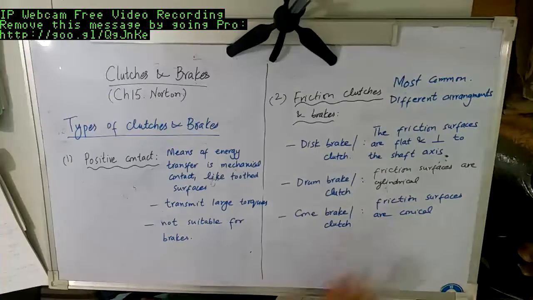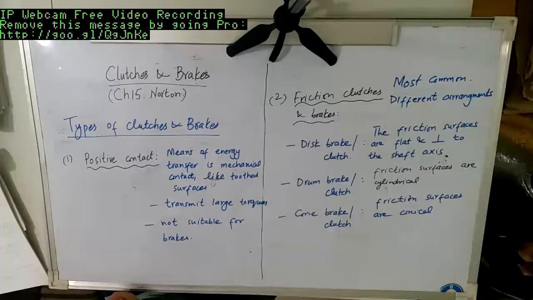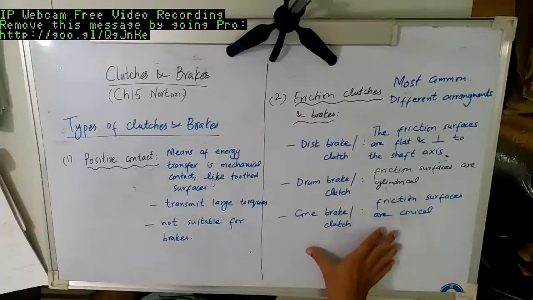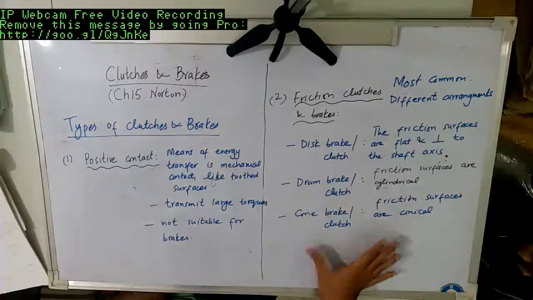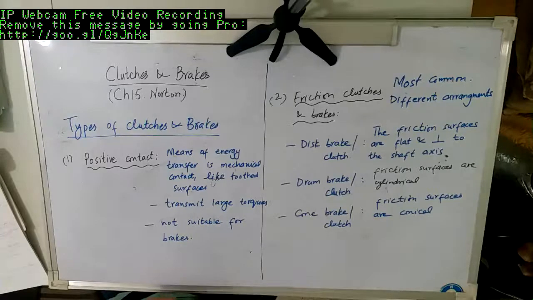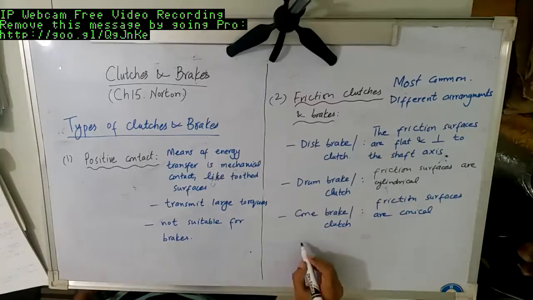Now there are a few other things that you should know about friction clutches. Sometimes heat is produced between the frictional surfaces. So we may have to introduce oil between the two surfaces so that heat is transferred away from the surfaces.